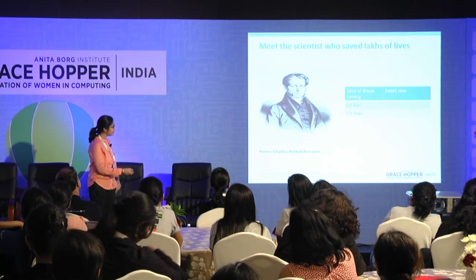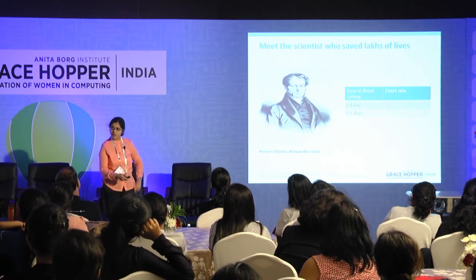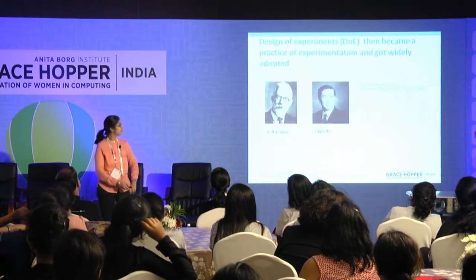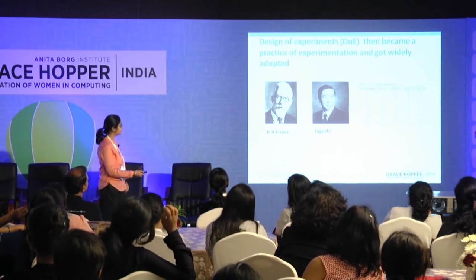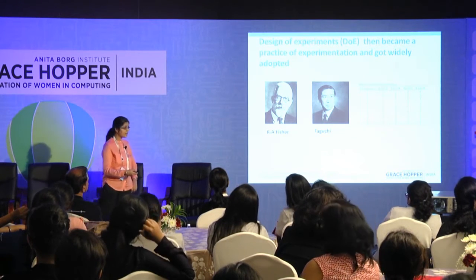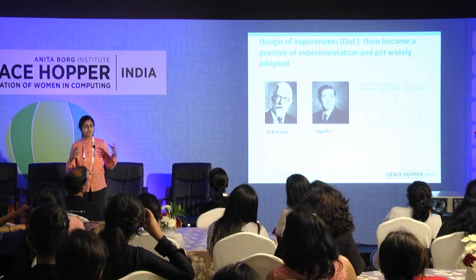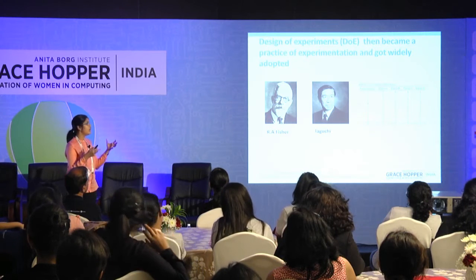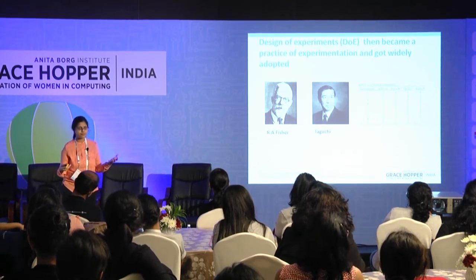So he was a stepping stone for experimentation to be brought in, where there are a lot of theoretical debates. And then we come to the era of R.A. Fisher and Taguchi, where they widely propagated this methodology of experimentation, where they break a method into a bunch of hypotheses and test these hypotheses with random samples.